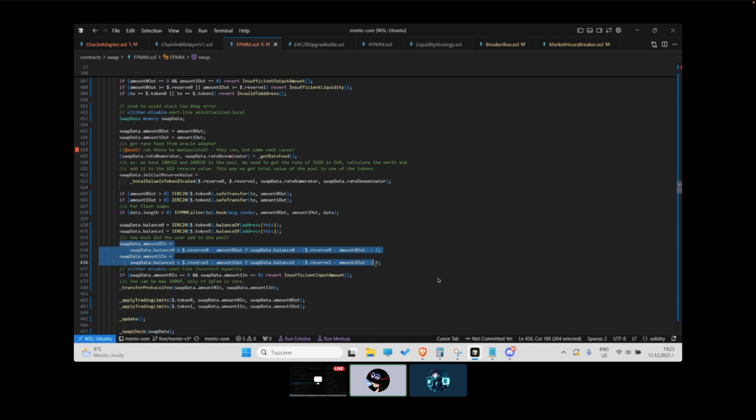I think it's implemented right because if these two return zero, this will just revert. So the users should return the right amount or more.